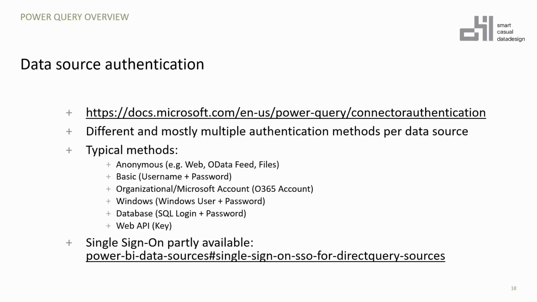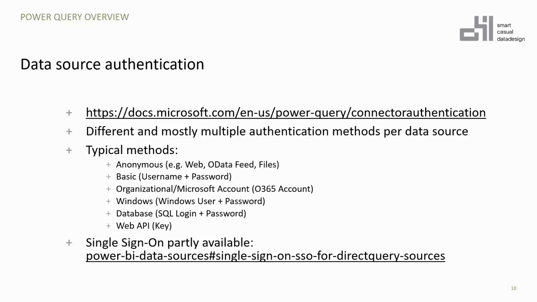Data source authentication allows for different types depending on the data source. Typical ones are basic authentication, like SQL Server authentication for a database, for example. You can use Windows authentication for some tools, or Azure authentication, so the actual Azure authentication. So this is all possible.